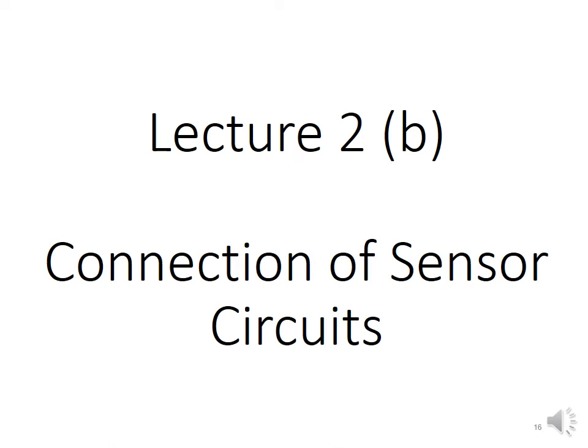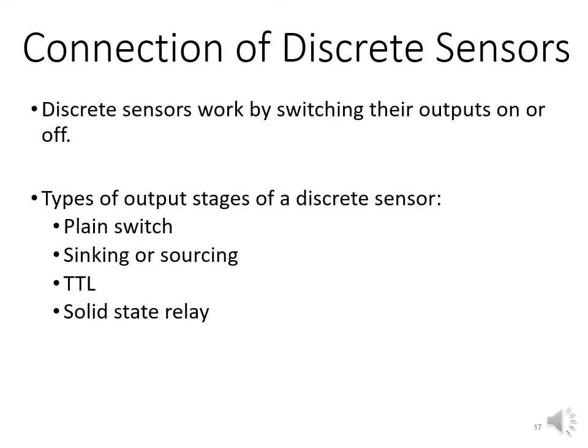We now go into part B of the lecture, which looks at the methods that we use to connect sensors to the receiving circuits or to the controllers. Discrete sensors work by switching on or off circuits in which they are connected.